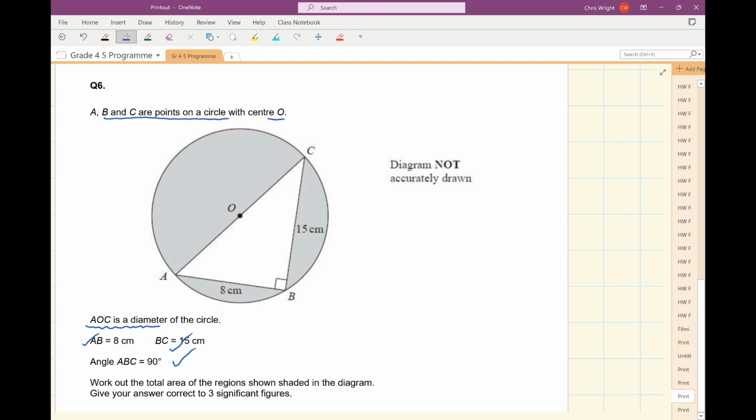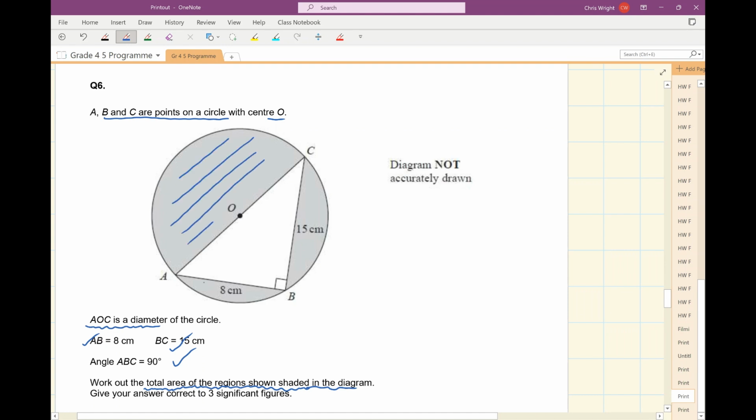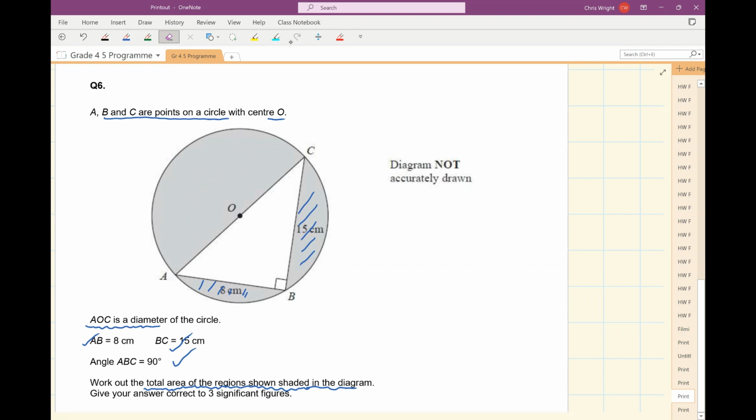Work out the total area of the region shown shaded in the diagram. So I need the total of this area plus that area plus that area. Well, I'm not quite sure how to work out those areas and add them up. I know how to work out this one, which I'm rubbing out now because it's half the area of the circle, but I don't know how to work out those two bits of area.